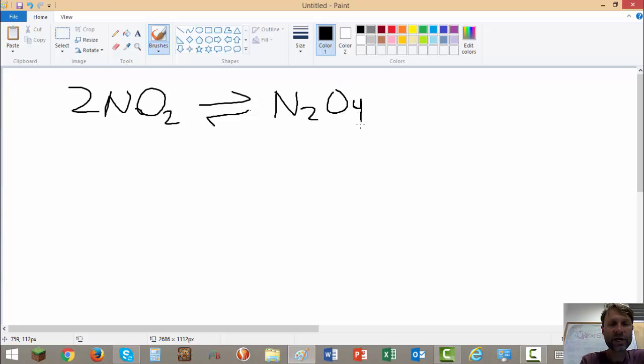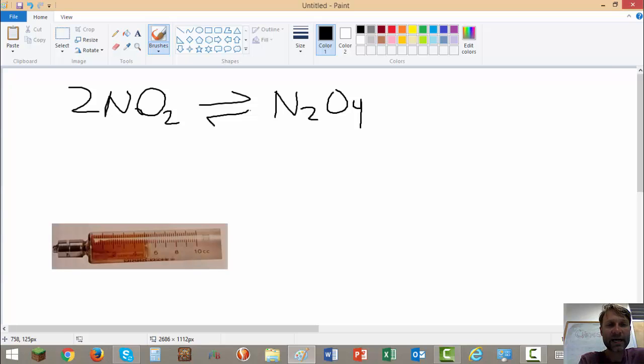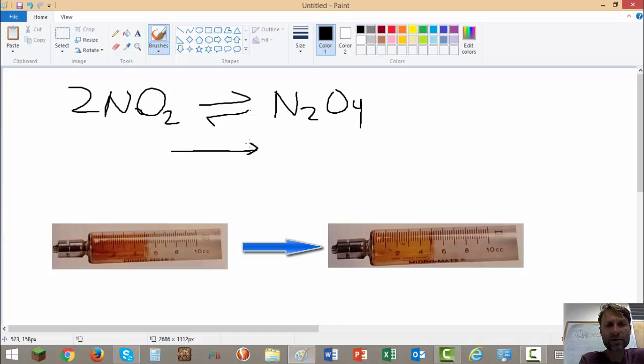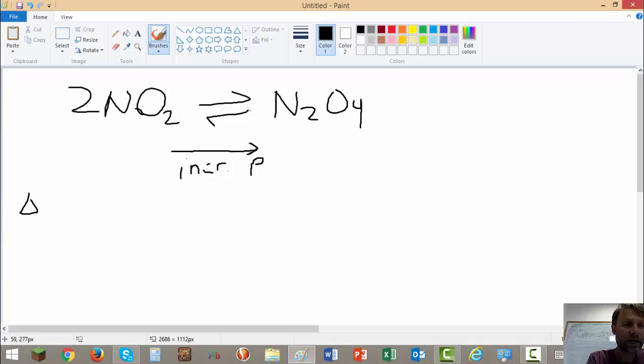Well, we know from Le Chatelier's principle that it's going to favor the low pressure side of the equilibrium. So as the pressure is increased, the equilibrium is going to shift to the right to favor the product that only has 1 mole of gas as opposed to the reactant which has 2 moles of gas. But let's go ahead and show that using delta G.